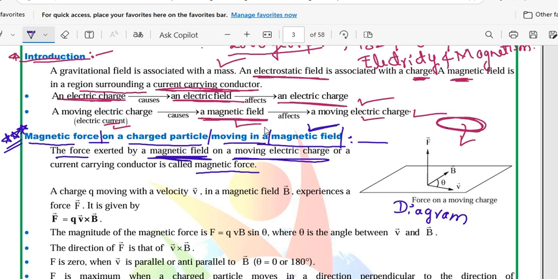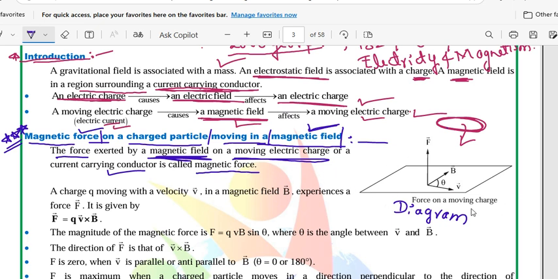If you consider these three phenomena, you can define magnetic force. So the force exerted by a magnetic field on moving electric charges or a current carrying conductor is called a magnetic force.